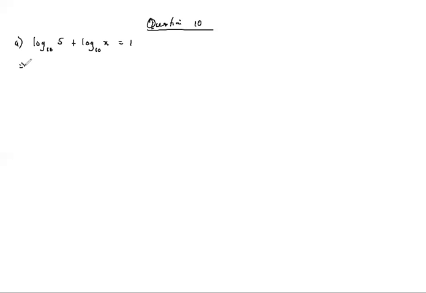The first thing here is this is 10, that is 10. So you put these things together: log_10 5x is equal to 1. When it's a sum, you multiply and then take to exponential. So you have 10 to the power 1 is equal to 5x. This is the same as 10 is equal to 5x. Divide by 5, divide by 5. So you get x is equal to 2.